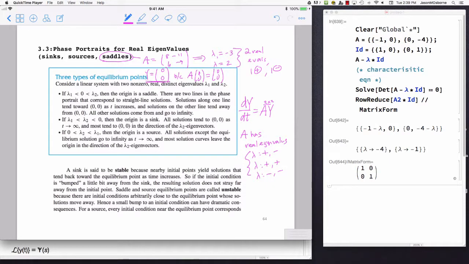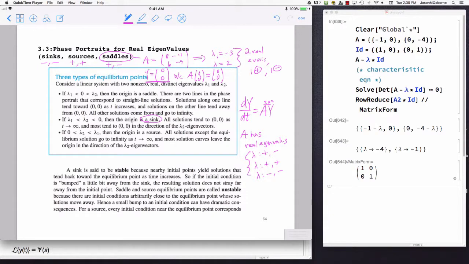And they're discussing what kind of equilibrium point it can be, and that breaks down onto which of the categories your eigenvalues fall in. So when one of the eigenvalues was positive and one negative, this was our saddle point case, and you have a sink when the eigenvalues are both negative, and a source when the eigenvalues are positive, positive, and a saddle is when they're positive and negative.